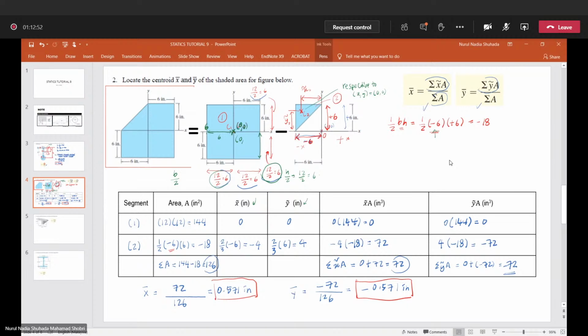However, for the square, since the centroid of the square and the center of the axis overlap, you still need to find the length.